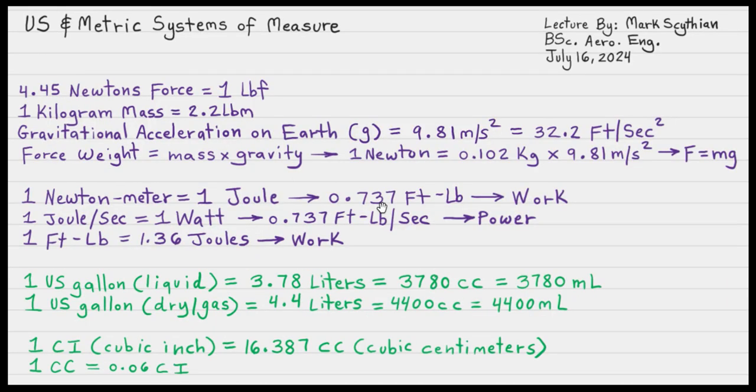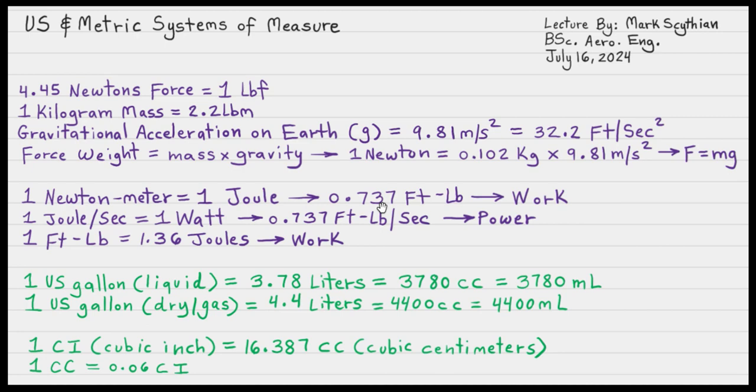So we have 4.45 newtons of force, that's 1 pound force. Now when dealing with kilograms of mass, this is equal to 2.2 pounds mass. Gravitational acceleration on Earth, little g, is 9.81 meters per second squared, which is equivalent to 32.2 feet per second squared.